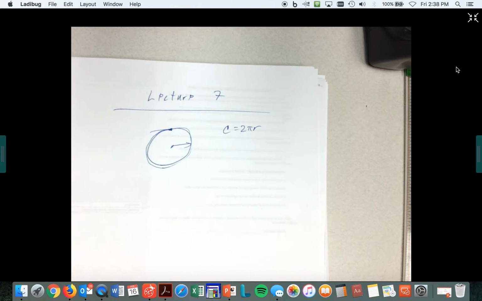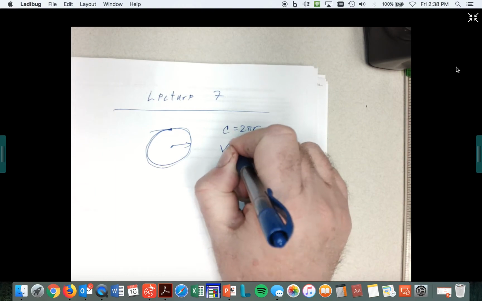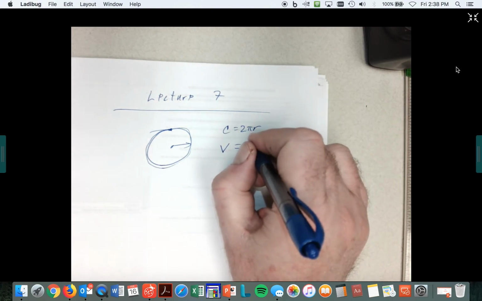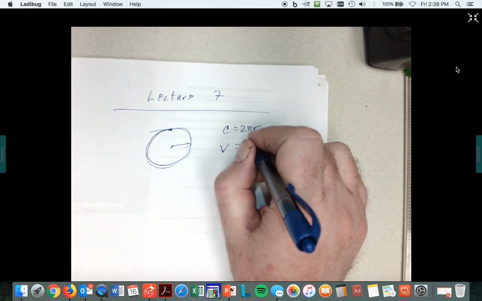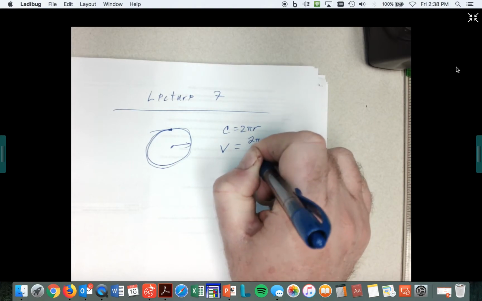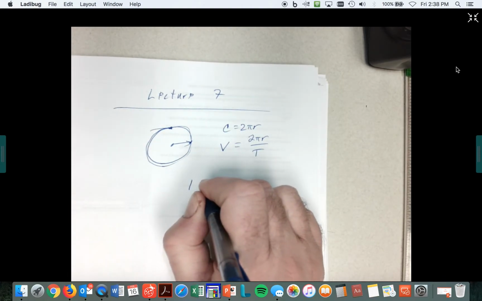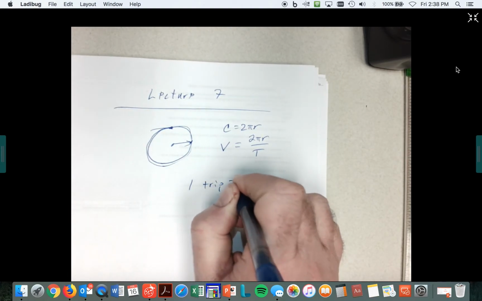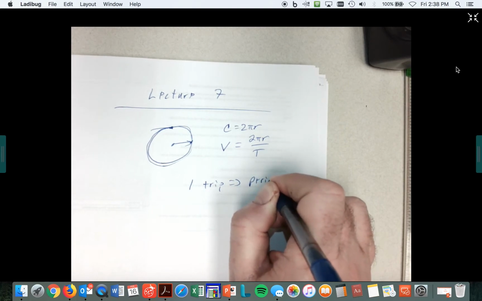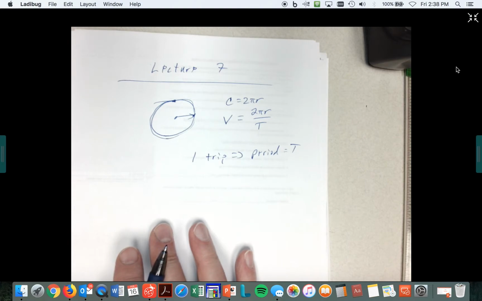Now, I don't think you'll have to click your calculator over to radians for this chapter, because even though we're going to be talking about radians per second, the velocity that we're going to be going would be the speed, 2 pi r, divided by the time. And they make that a capital T because to make one trip we call the period, which is equal to capital T.